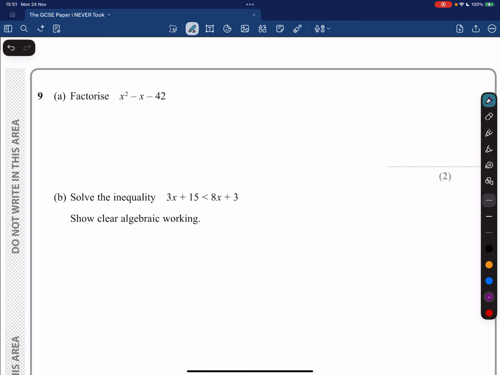Factorise x squared minus x minus 42. Okay, 42 is what times what?